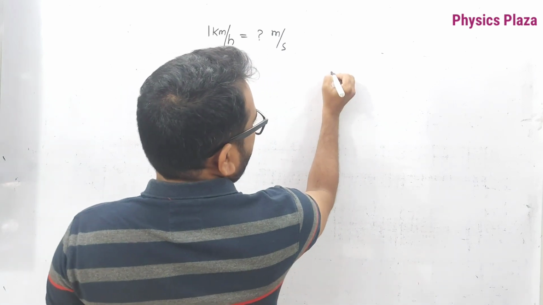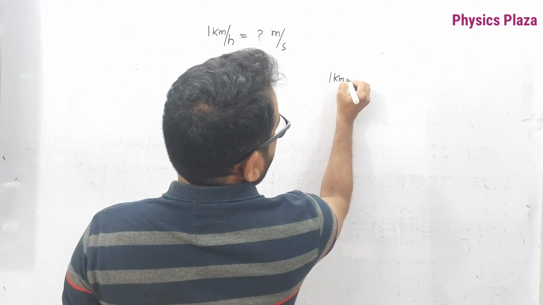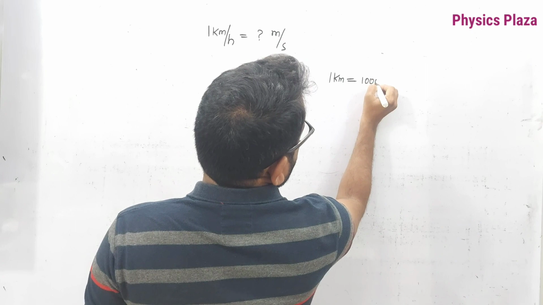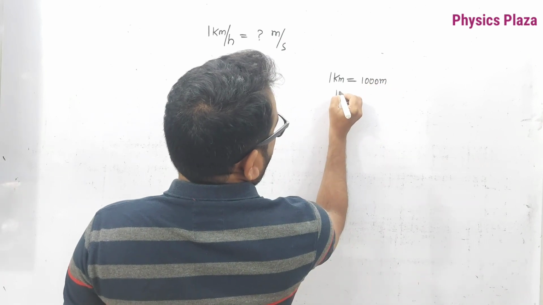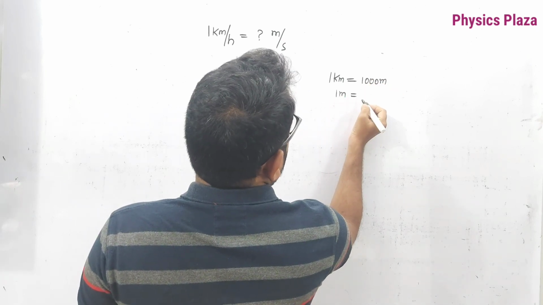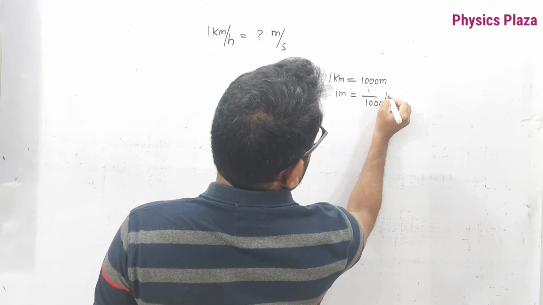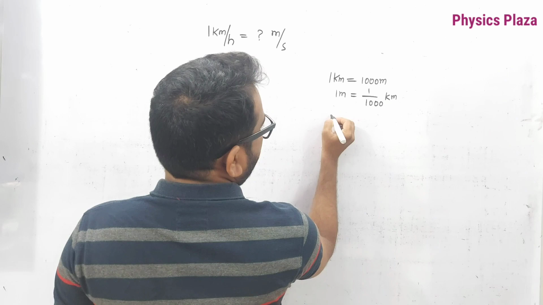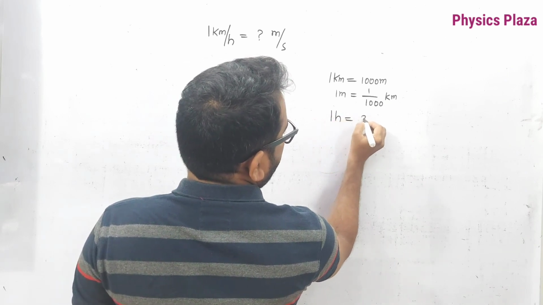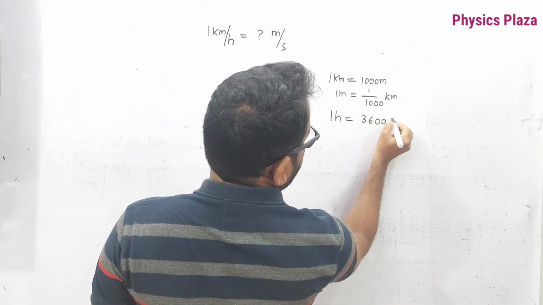We know that 1 kilometer is equal to 1000 meters, and 1 meter can also be written as 1 by 1000 kilometers. And also we know that 1 hour is equal to 3600 seconds.